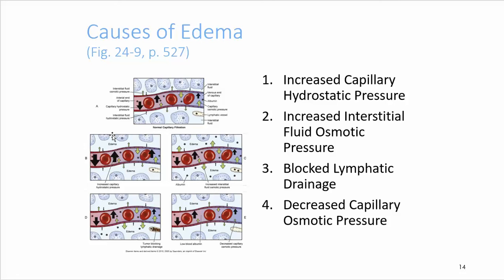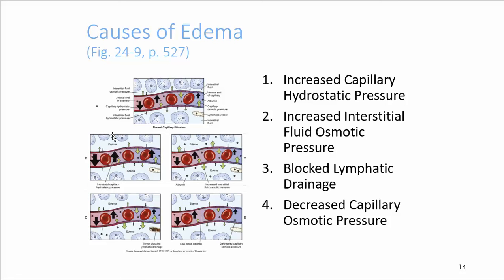Another very common thing is increased interstitial osmotic fluid pressure. Normally this is very low because there's all kinds of proteins found within the blood. Albumin is the main one, and it causes capillary osmotic pressure.